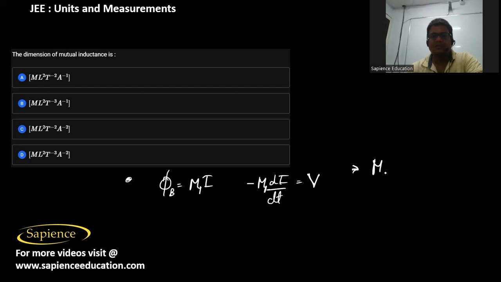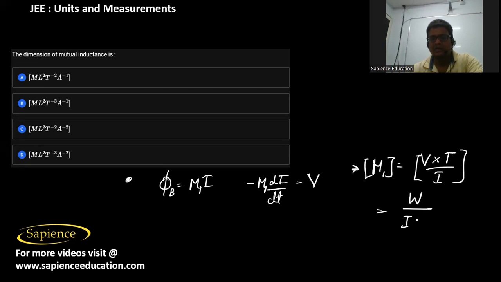So the dimension of mutual inductance will be the same as the dimensional formula of voltage into time by current. Now voltage equals work done by charge.